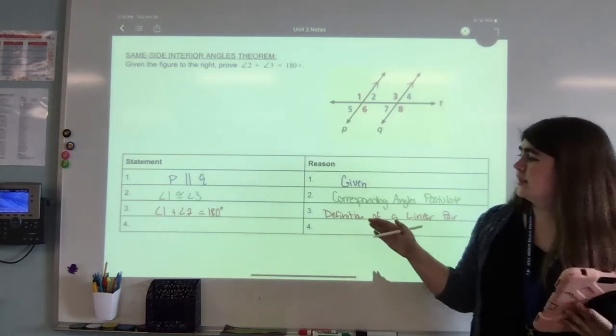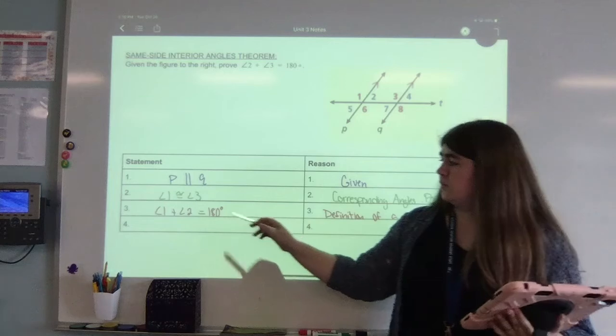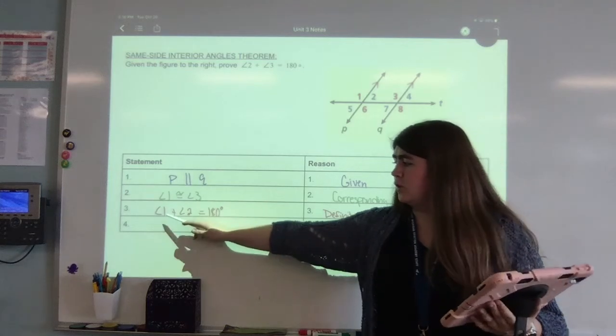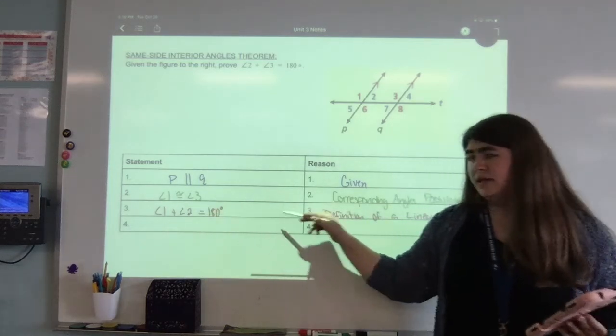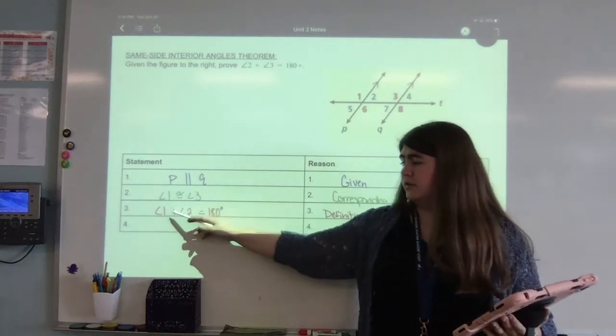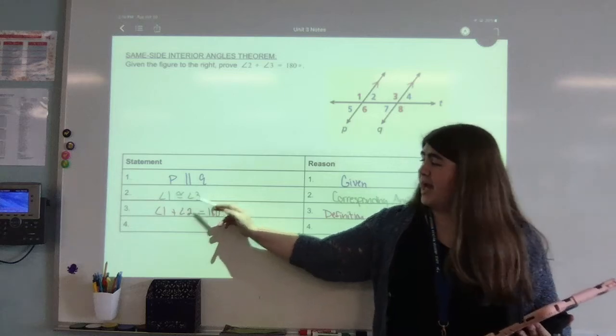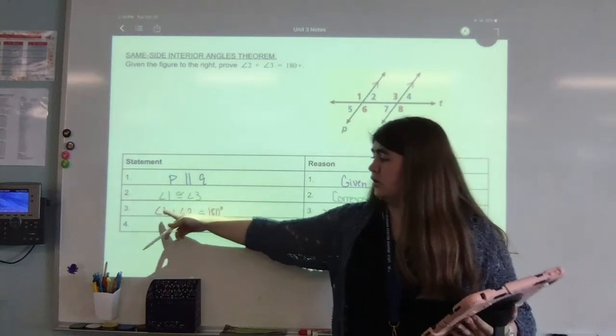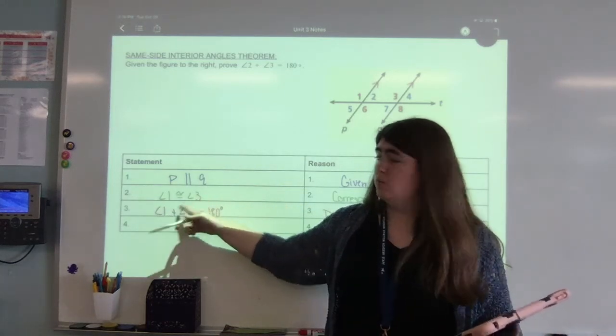All right, and then now I have angle 1 is congruent to angle 3, and angle 1 plus angle 2 is equal to 180 degrees. So if angle 1 is congruent to angle 3, that means that I can replace angle 1 with angle 3 when I'm solving.